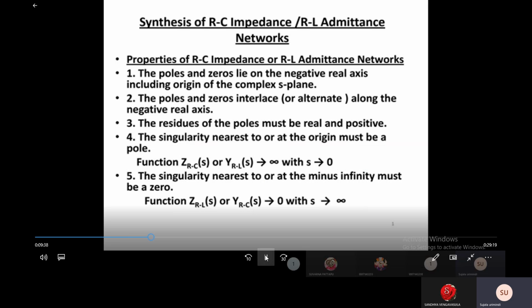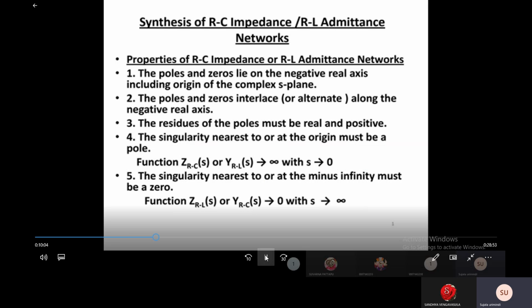Next, the poles and zeros are interlaced along the negative real axis. Interlace means alternating. If the first one is a pole, the second one is a zero, the third one is a pole, like that, one pole, one zero, one pole, one zero, it will be interlaced along the negative real axis.